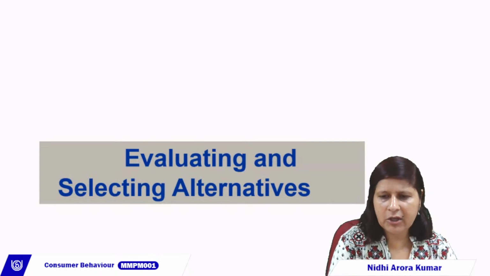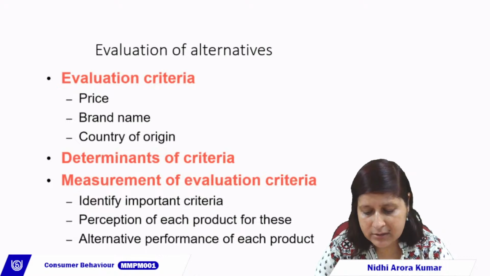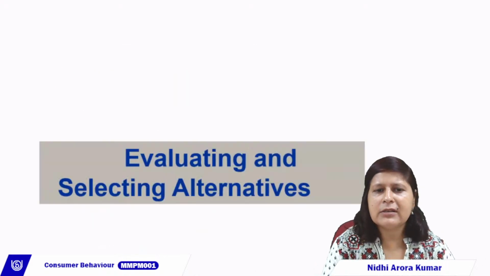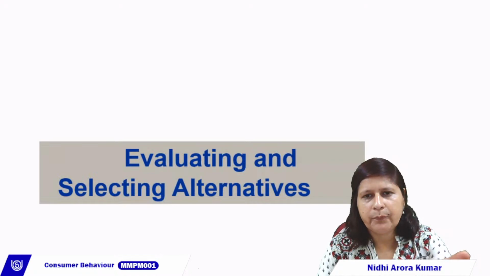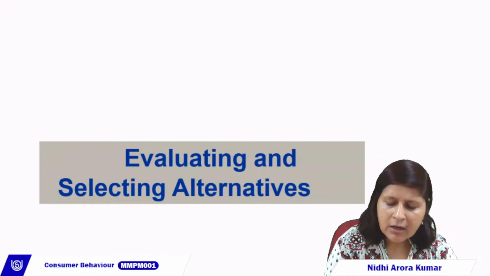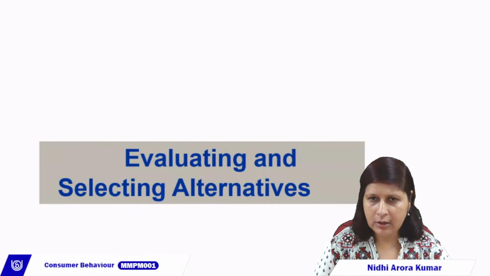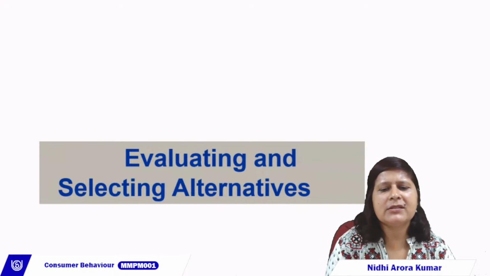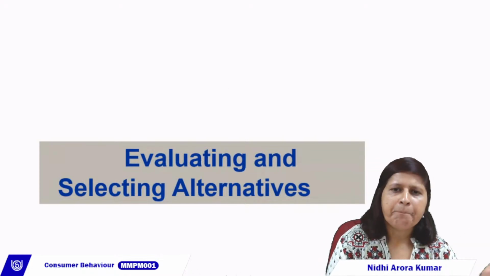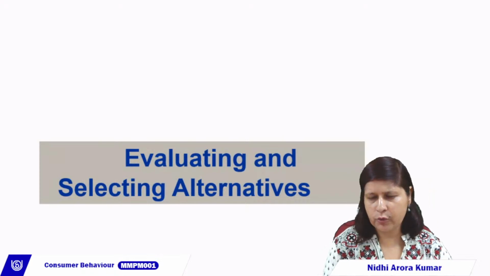Evaluating and selecting the alternatives. So after problem recognition, what the consumer does is search for information. Information search could be on the basis of external sources or internal sources, right?